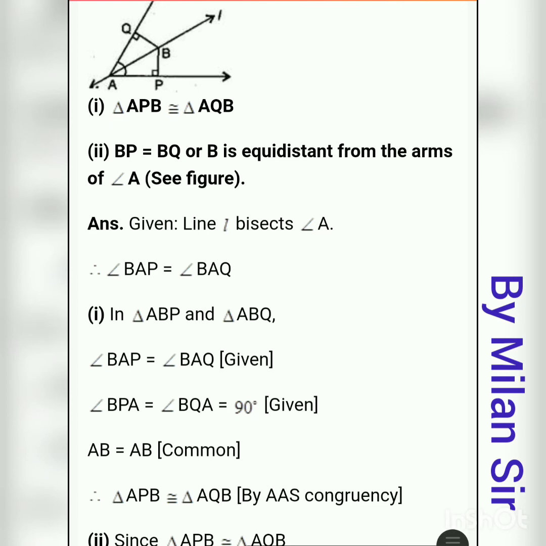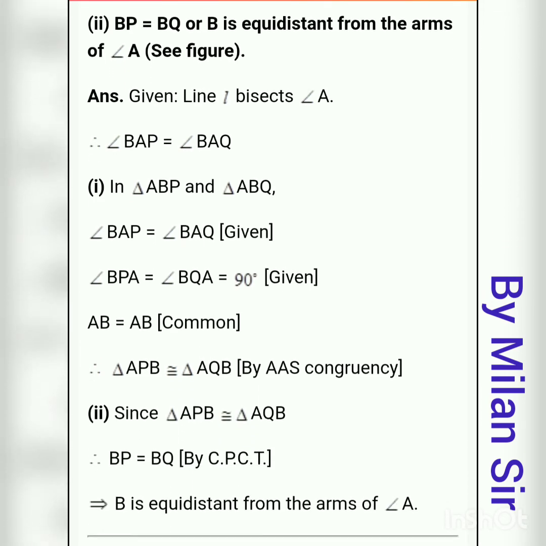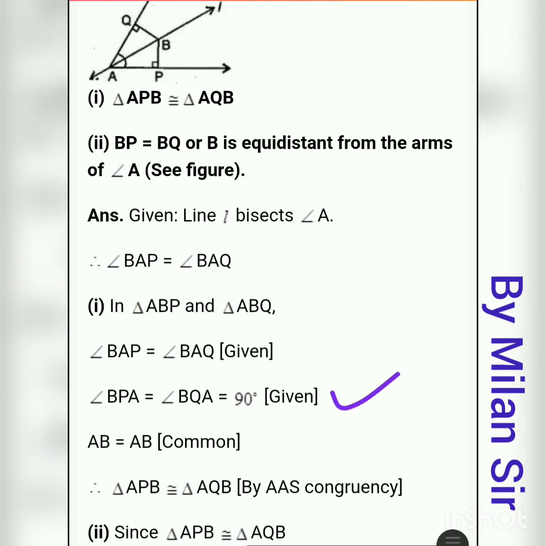Because L bisects the angle A. Now in triangles ABP and ABQ, we have angle BAP is equal to angle BAQ, given because L bisects angle A. Second thing, angle BPA and BQA, these angles both are 90 degree. That is even given in the question, right? Both are 90 degree, so these two angles are same. And finally we have AB common sides. So AB is equal to AB, common sides.